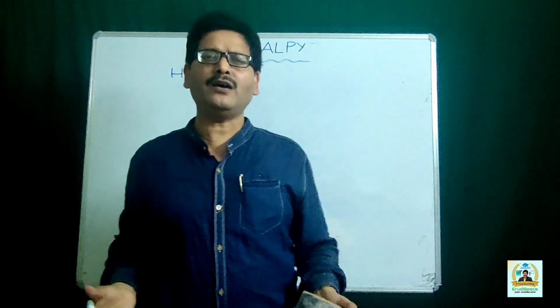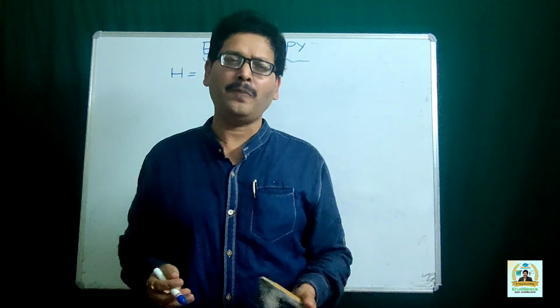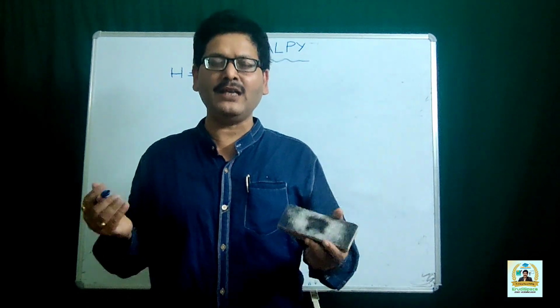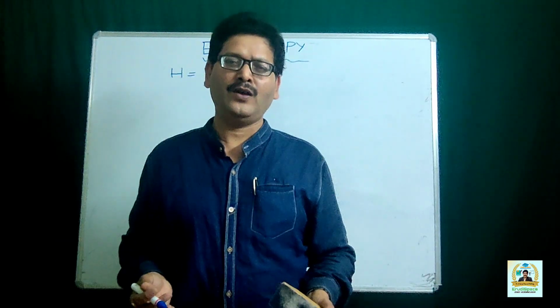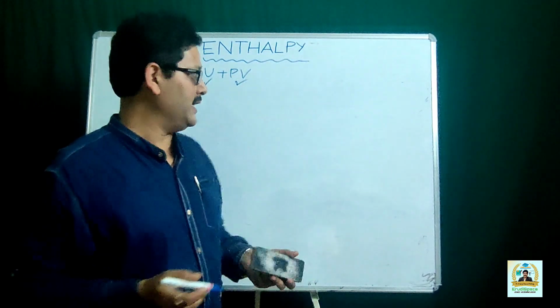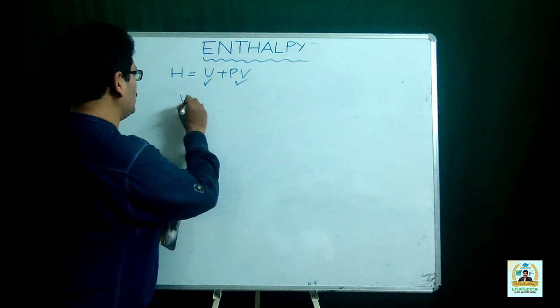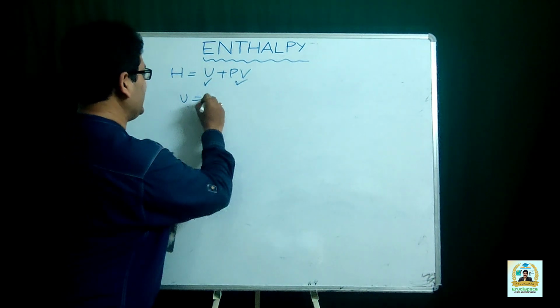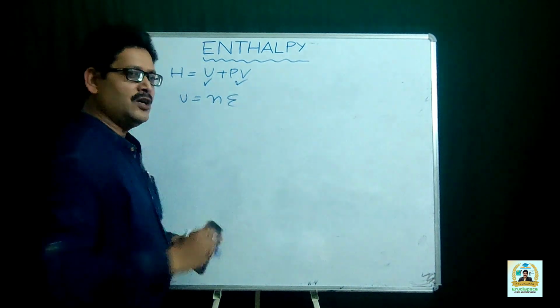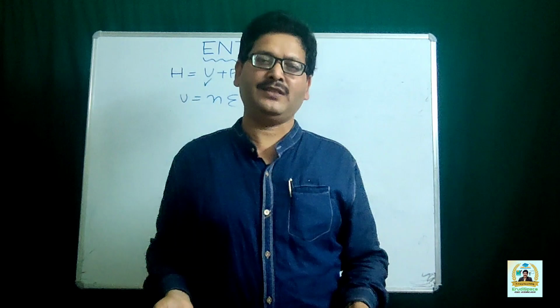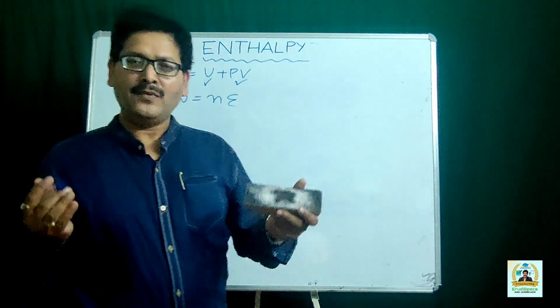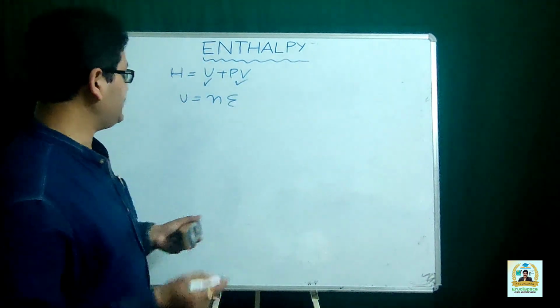While discussing the internal energy, I have told you that internal energy is actually the summation of all the microscopic energy, and the internal energy, denoted by letter U, is N times epsilon, where epsilon represents the microscopic energies.